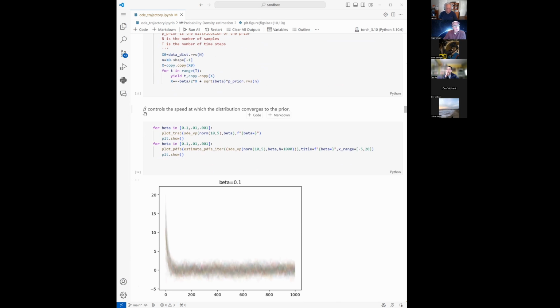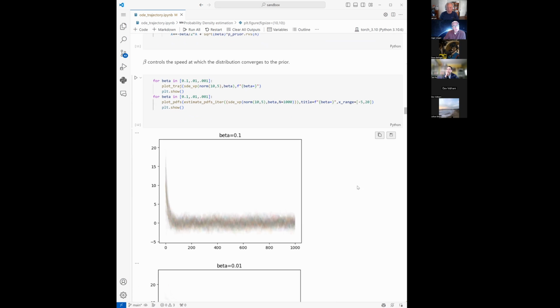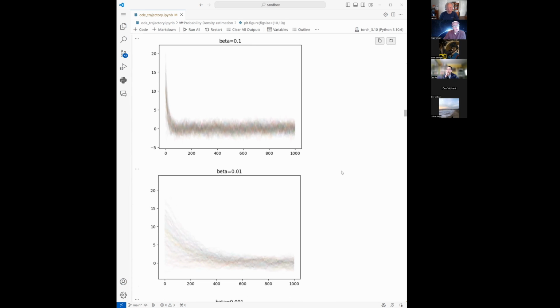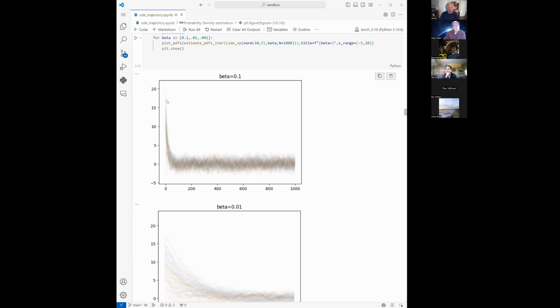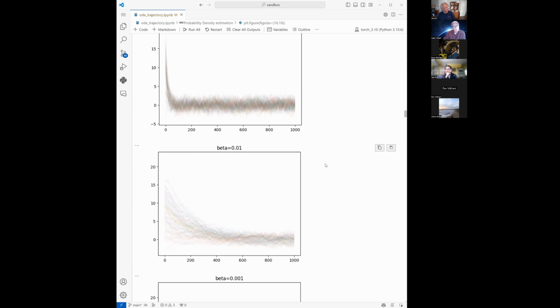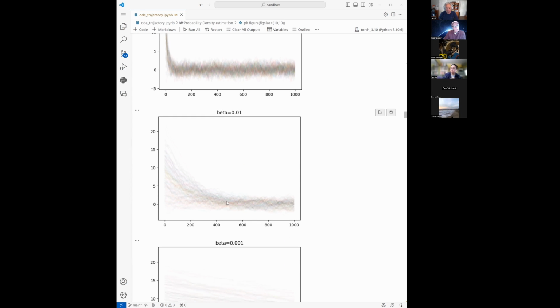So beta is a value that controls how quickly we converge. If you look at beta equals 0.1, in this example, I'm starting with a trajectory with a bias of 10 and a variance of 5. And if you have beta 1, it comes down very quickly, before t equals 100, and then runs this unit norm distribution for the rest of the time.